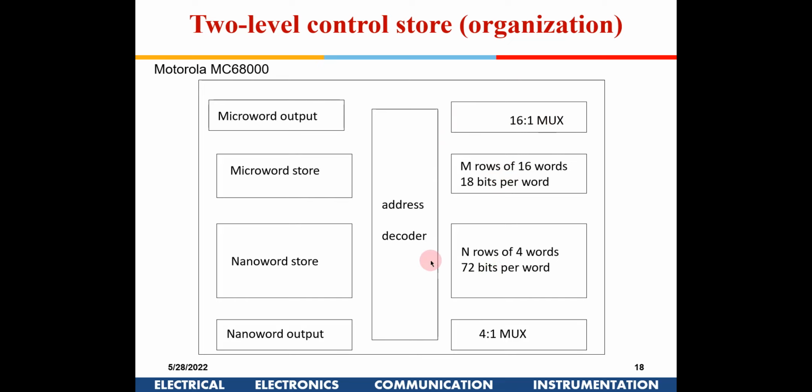Similarly, here also one of the n rows is selected. I will have 4 words selected, and from the 4 words I can select 1 word using a 4 into 1 mux. The reason for organizing like this is related to memory organization, which we will read about in a later class.